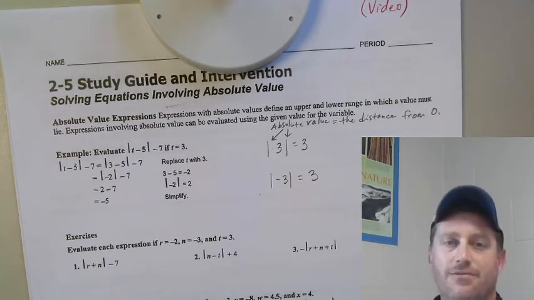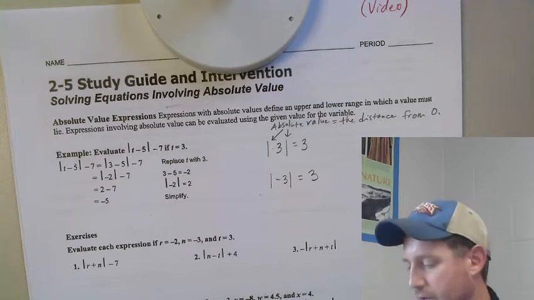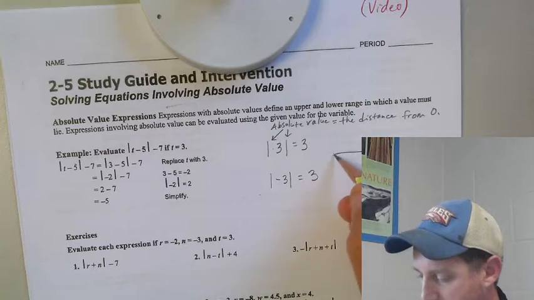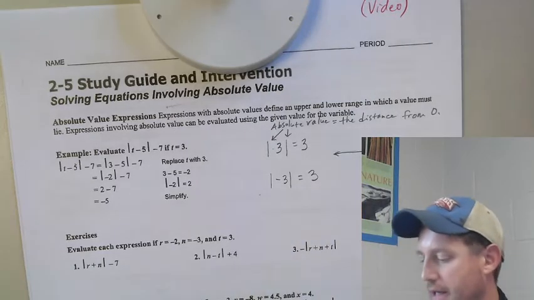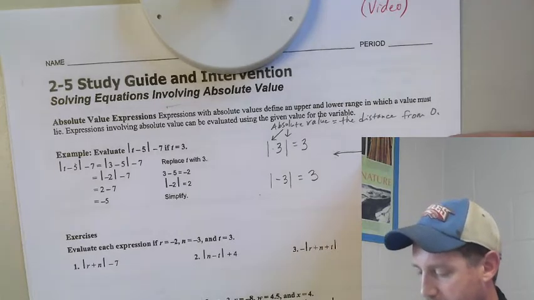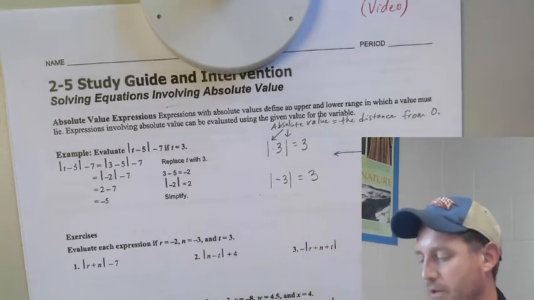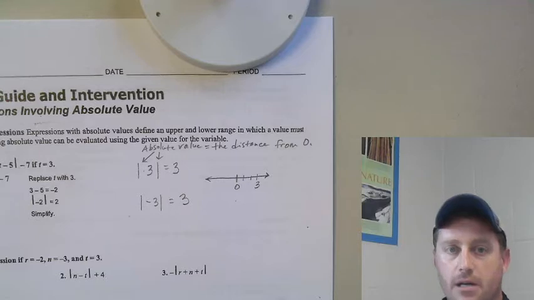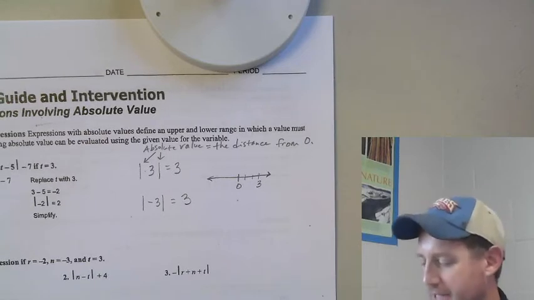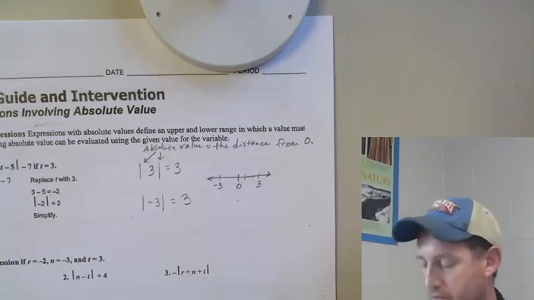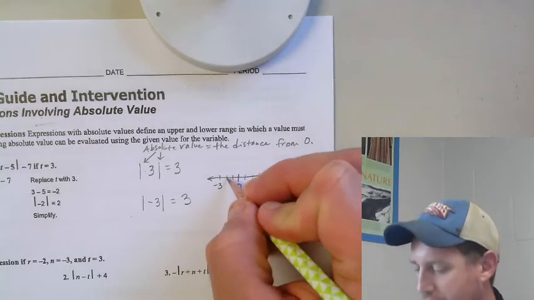If I put 0 down here and ask how far is 3 from 0, you would say it's 3 units from 0, 1, 2, 3. If I ask how far is -3 from 0, you would say it's 3 units from 0. You cannot travel a negative distance.